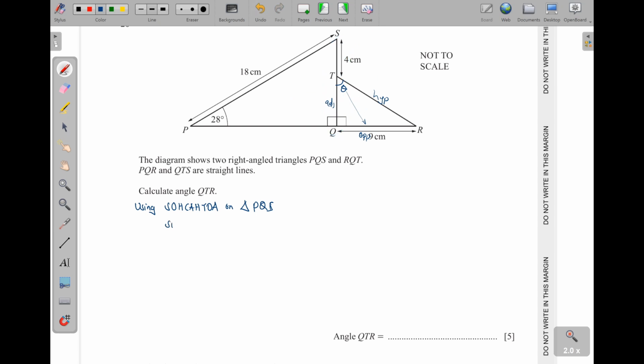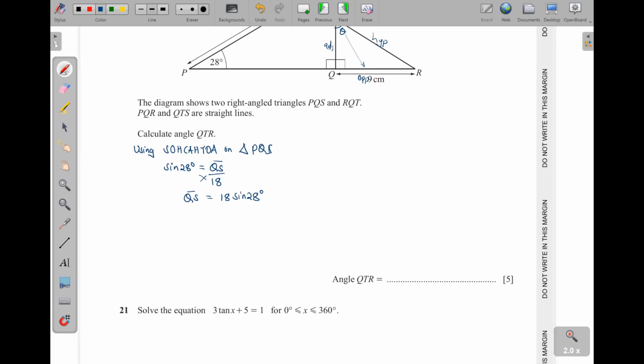So sine of 28 is equal to the opposite, which is QS, over the hypotenuse, which is 18. Cross multiplying, QS is going to be equal to 18 sine 28. So this simply implies that QT is going to be this 18 sine 28.